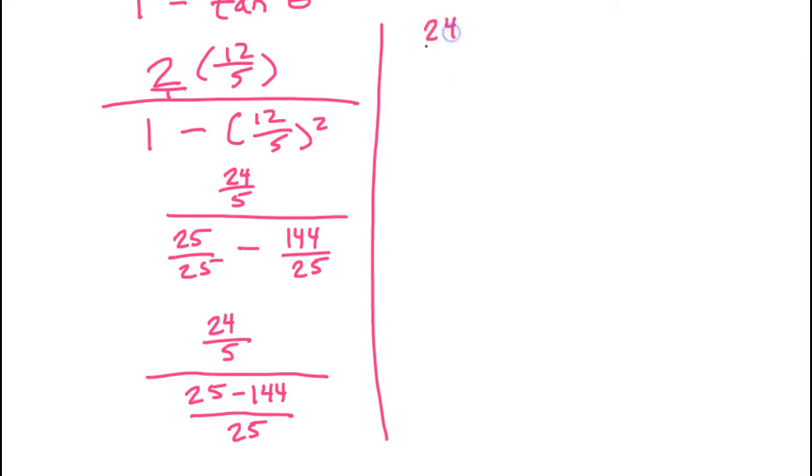So I have 24 over 5 still in this numerator. And of course, 25 minus 144 is negative 119. So that's negative 119 over 25.